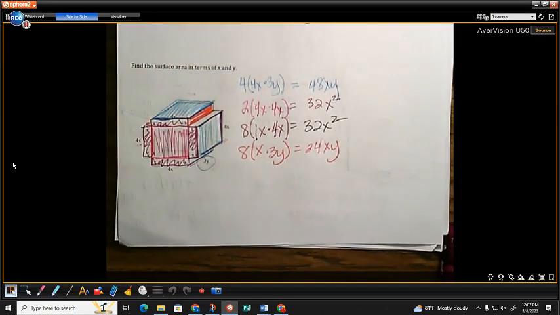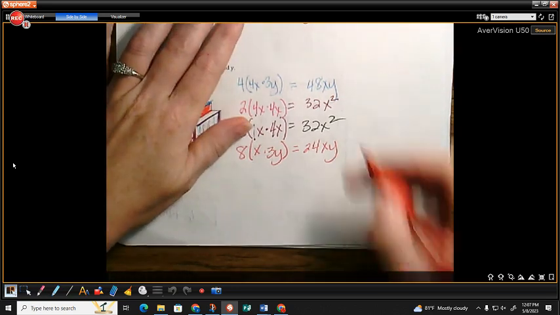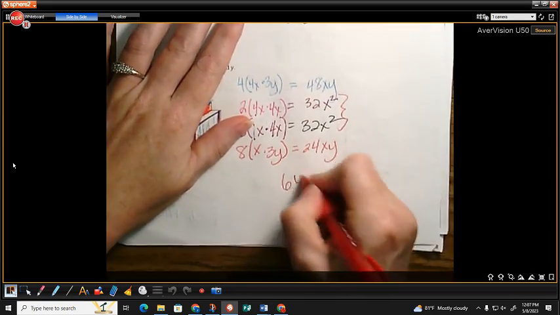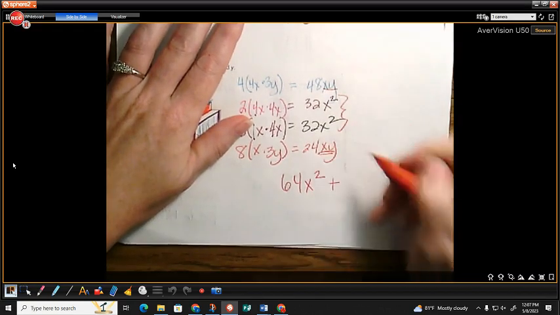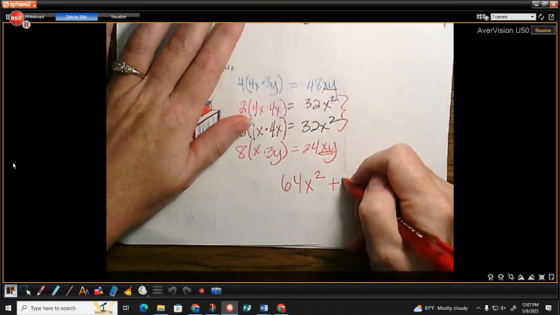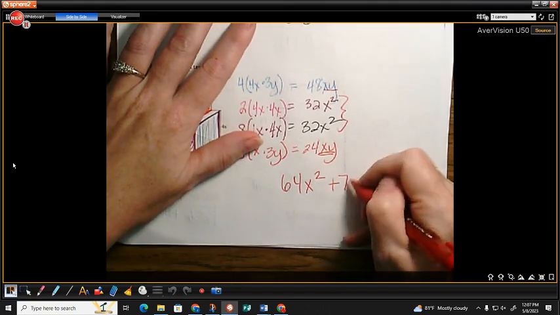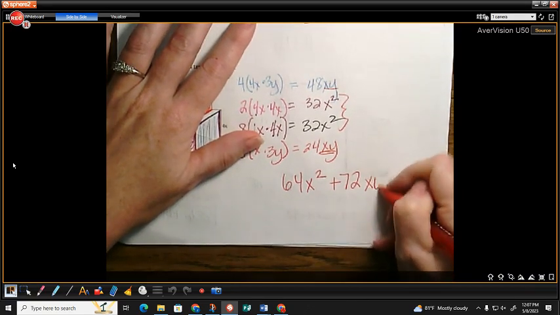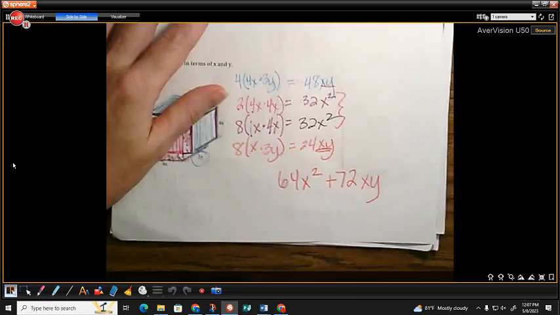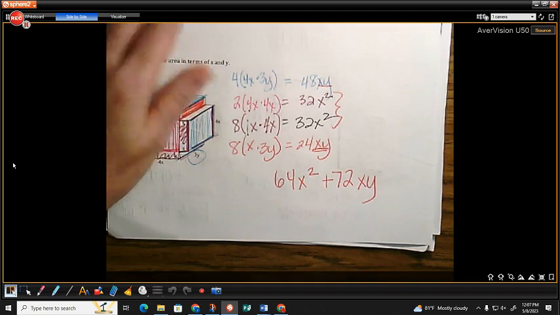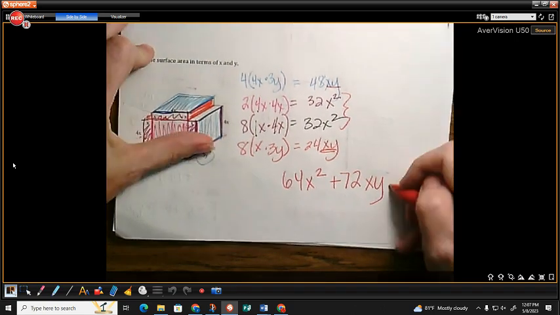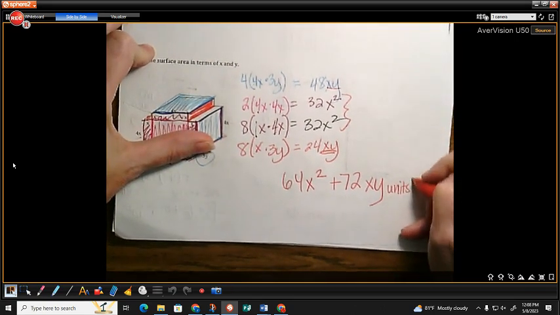XY. Oh. What things get to combine? Like terms. So the x squareds, that gives me 64x squareds. Oh, these both have xy. How many xy's is that? 72? xy's? Almost there. It's a surface area, so it's going to be in units squared.